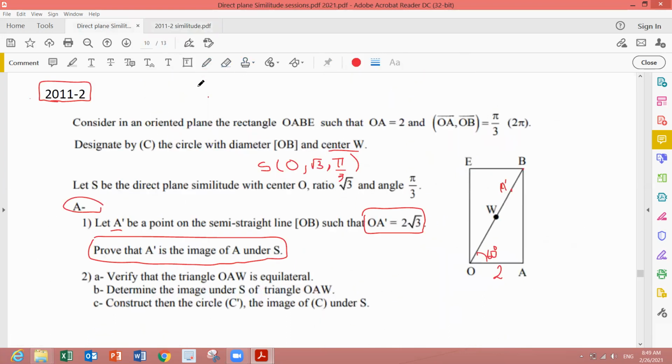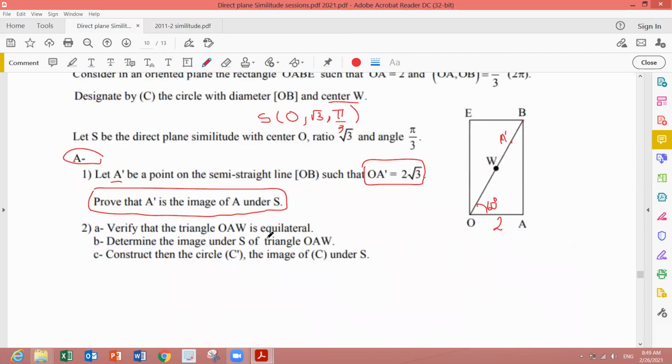Part 2. Verify that OAW is an equilateral triangle. Why is OAW an equilateral triangle? أستاذ عنا rectangle.